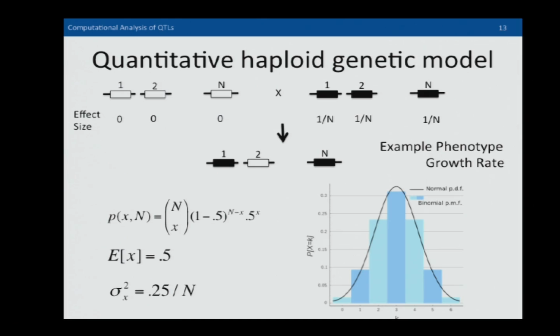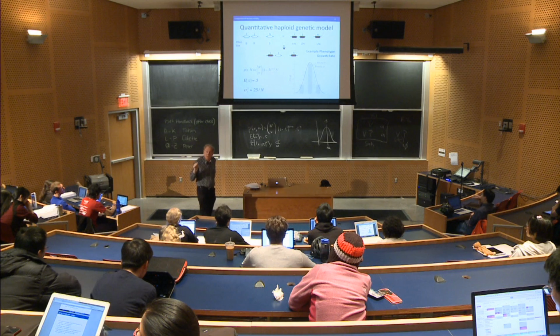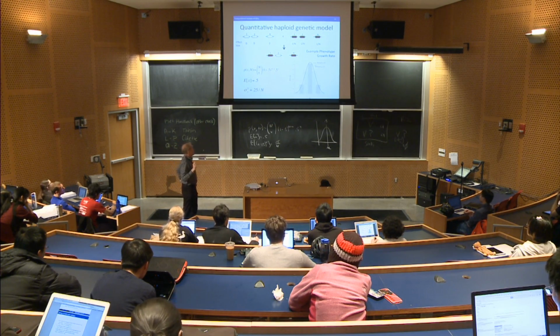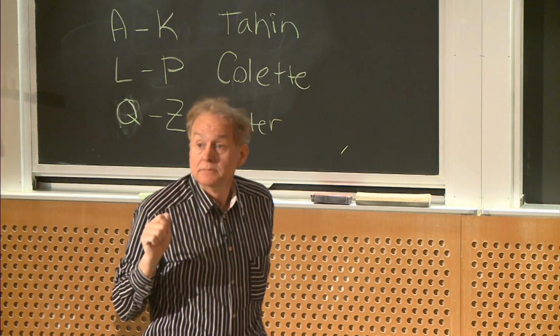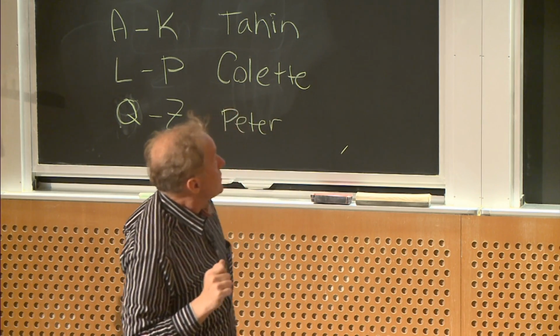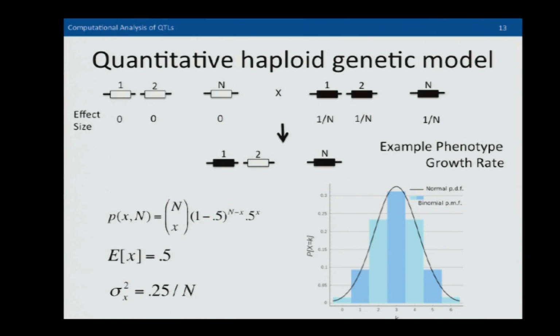Does this make sense to everybody? Now would be a great time to ask any questions about the details of this. Yes? Can you clarify what x is? Is x the fraction of genes inherited from dad? The number of genes you inherit from dad. The number of genes. So it would be 0, 1, 2, up to n. So shouldn't the expectation of x be n over 2?